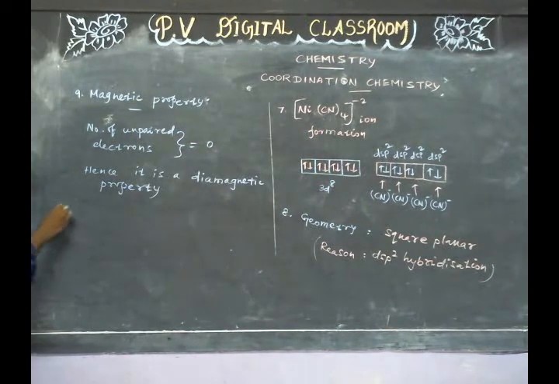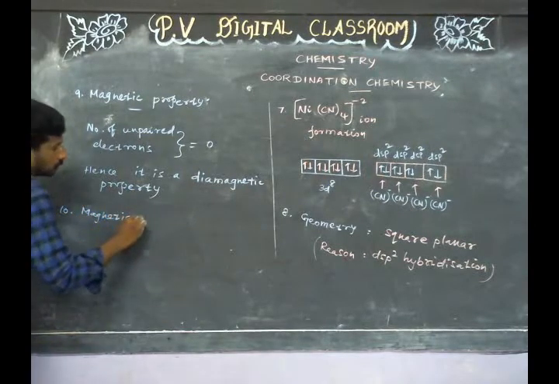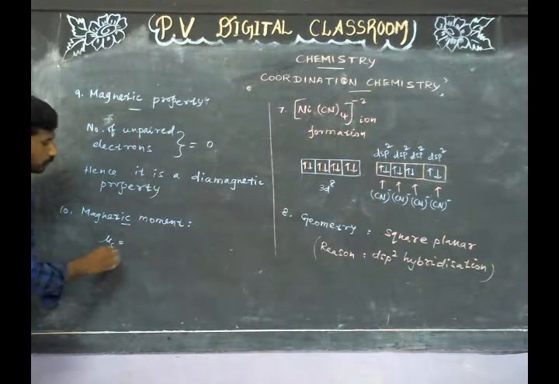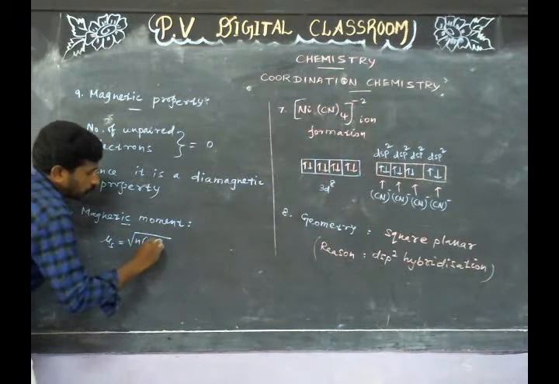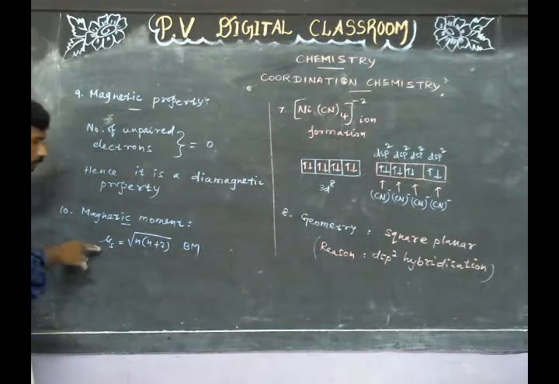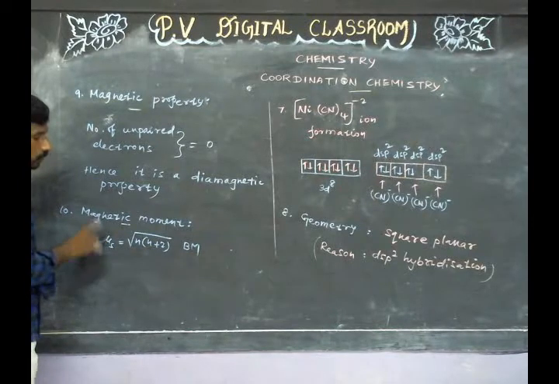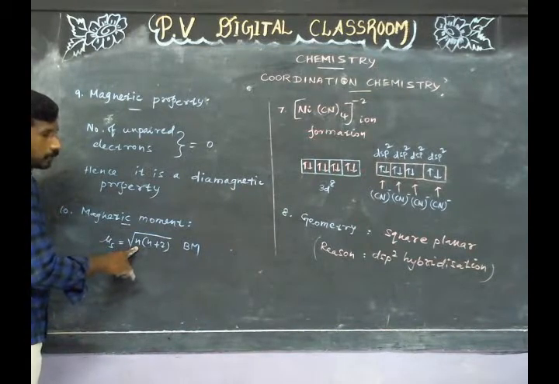Last one, magnetic moment. mu s is equal to root of n into n plus 2 BM. Here mu s represents the spin only magnetic moment of the given complex. n represents the number of unpaired electrons in the given complex.